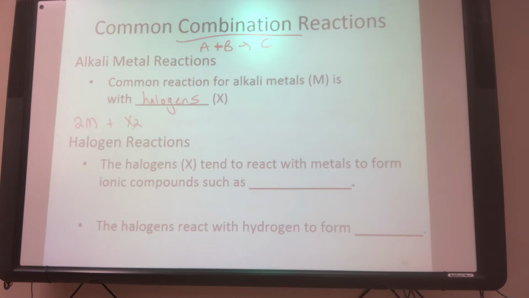Remember, the halogen is diatomic, and it's going to create the metal halogen, or metal halide, okay? So here we are going to have the metal, 2 of whatever the metal is, plus the halogen, ends up going to 2 of the compound.